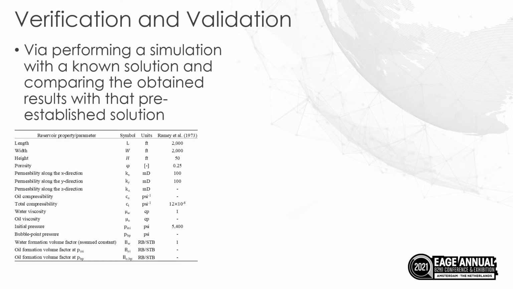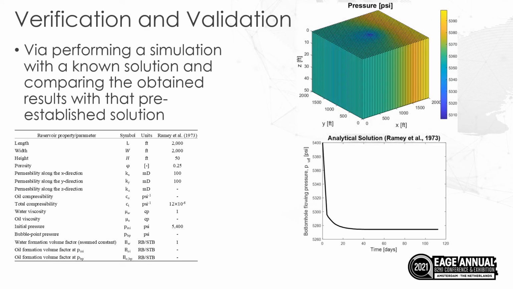The first problem that I used is known as Ramey's problem because it was taken from Hank Ramey's book from 1973. It involves a rectangular reservoir of length and width of 2,000 feet and height of 50 feet, with a vertical well in the middle producing at 500 stock tank barrels a day.